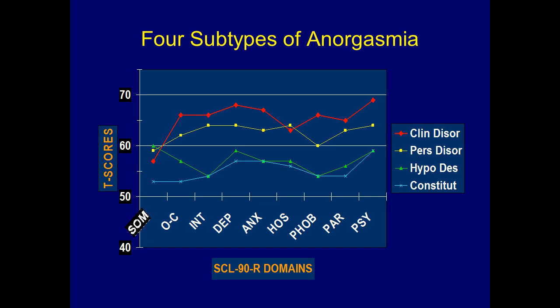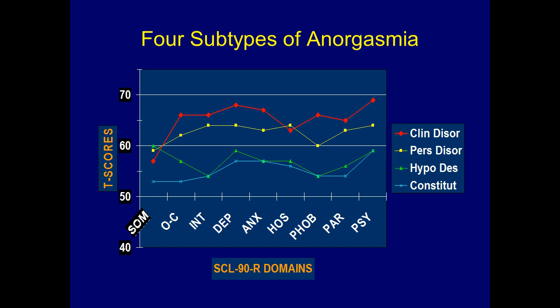It struck me that they had strengths and weaknesses and vulnerabilities that were so different from each other that just calling them anorgasmic was akin to saying, oh yes, they all have blonde hair, which was somewhat relevant, but didn't fully characterize them.